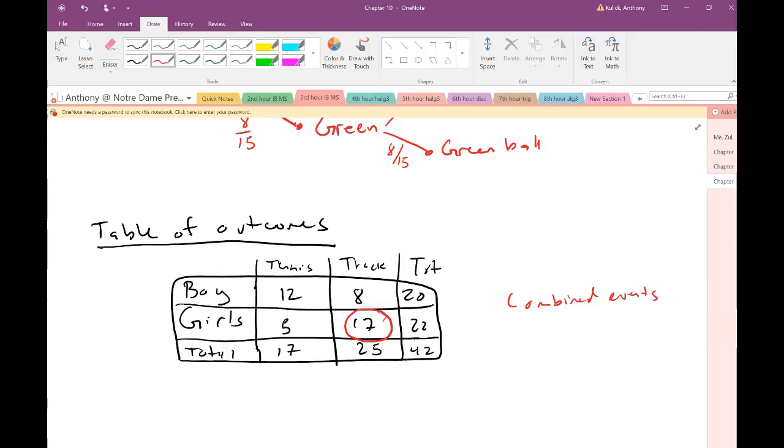So these kinds of tables are closely related to the Venn diagrams that we've been making before and are often useful in situations where you can have a combined event. Unlike flipping a coin, where you can't have heads and tails at the same time, in a situation like this you could have a girl that also does one of these two sports.